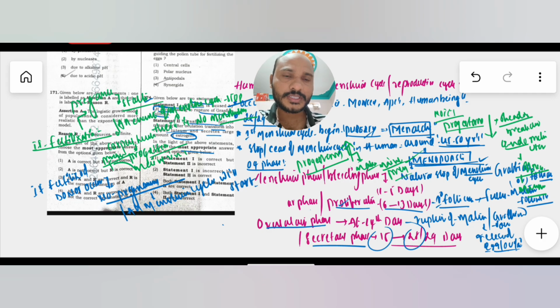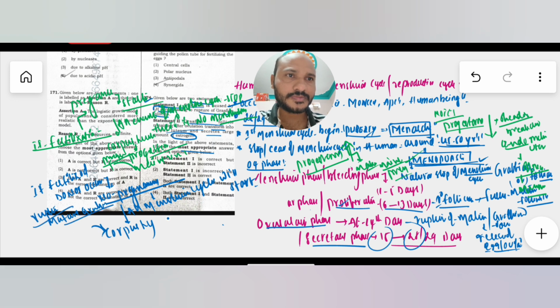And an important thing here, if fertilization does not occur, we have the corpus luteum, the yellowish body, and this yellowish body corpus luteum is formed from the ruptured mature Graafian follicle after the ovulation phase.